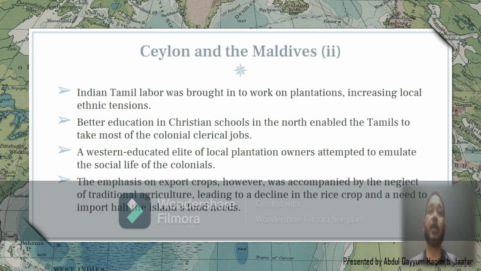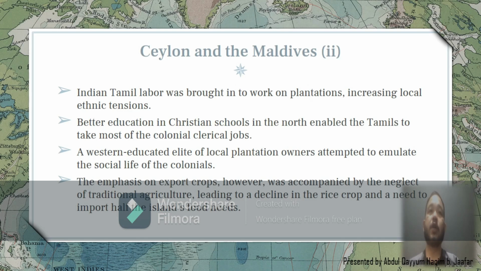Ceylon and the Maldives, point number 2. Indian Tamil labor was brought in to work on plantations, increasing local ethnic tensions. Better education in Christian schools in the north enabled the Tamils to take most of the colonial clerical jobs.